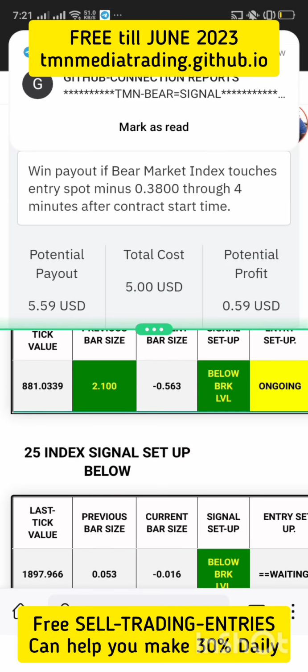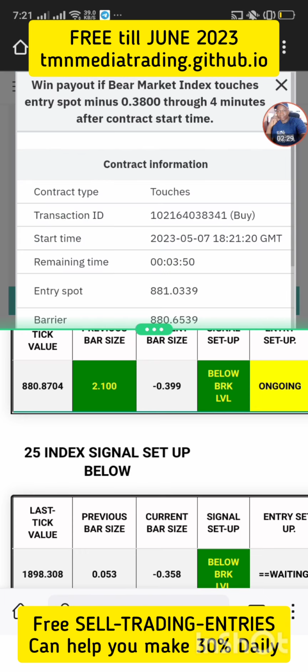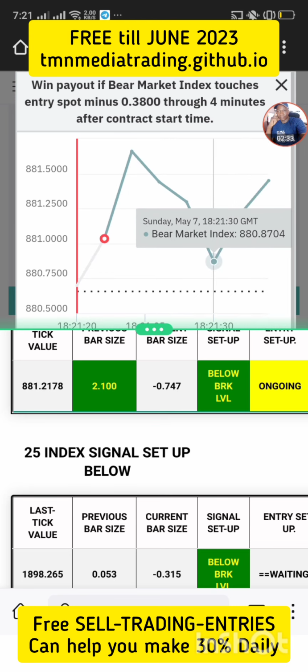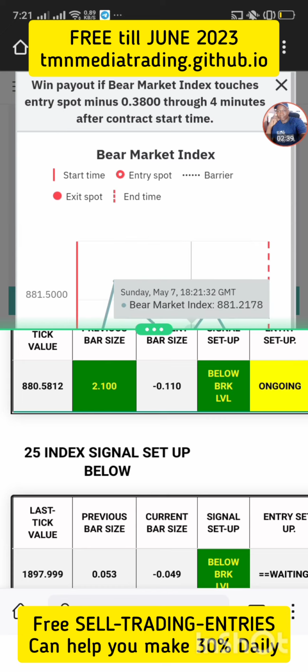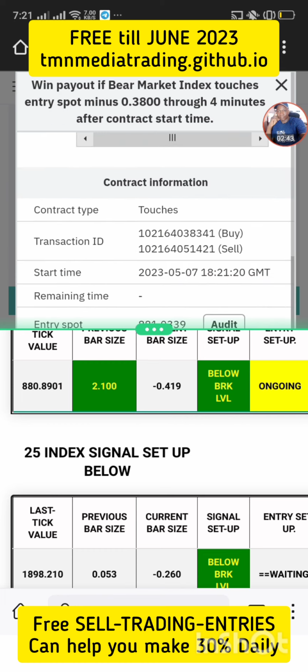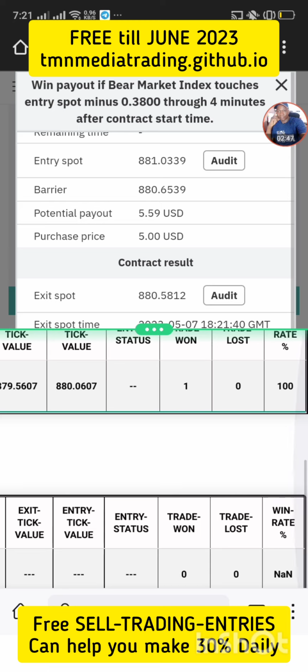Okay, it's just because I'm trying to record the process. I know I entered where I'm supposed to exit was where I entered. So this probably will take a bit. Okay, so I've won the trade, and you can see here it's saying ongoing.